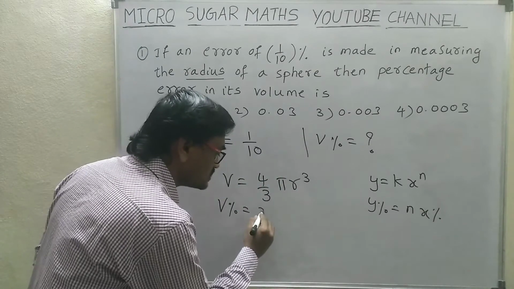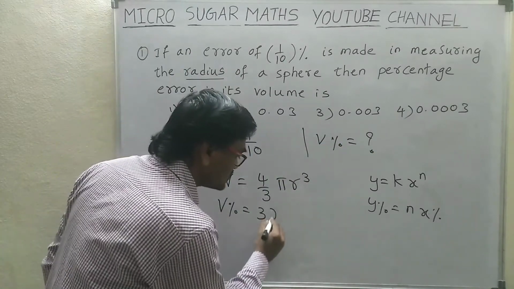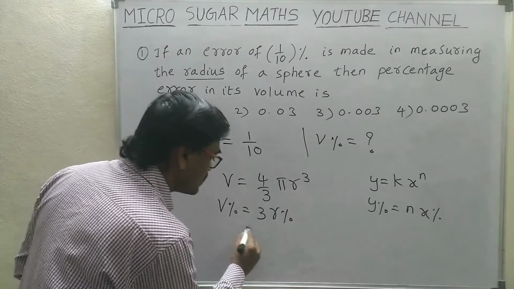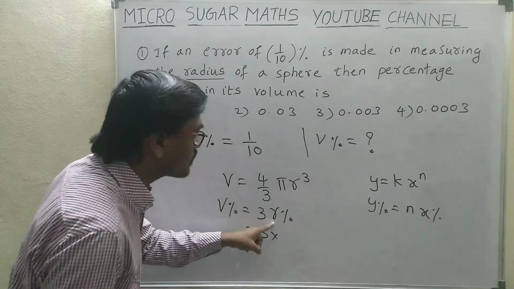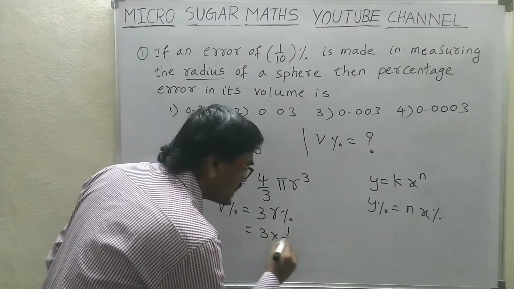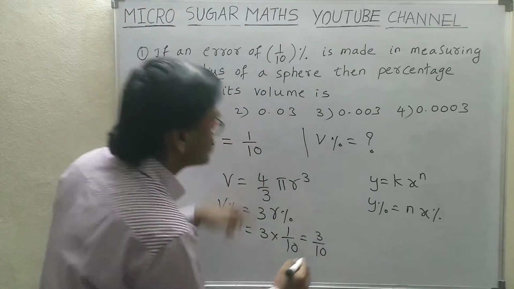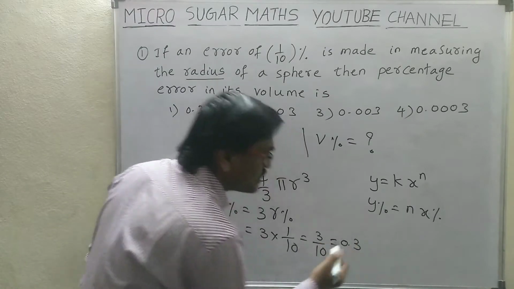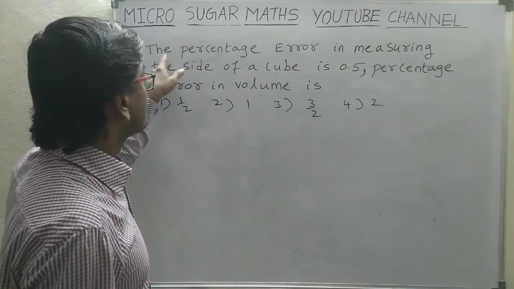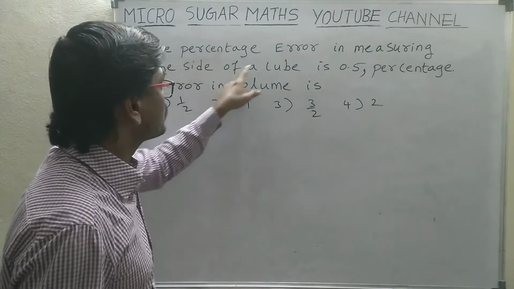It is 3, so 3 into r percentage. Then your answer is completed. Now 3 into, what is r percentage? Your r percentage is given as 1/10. Therefore 3/10, meaning 0.3 is your answer.